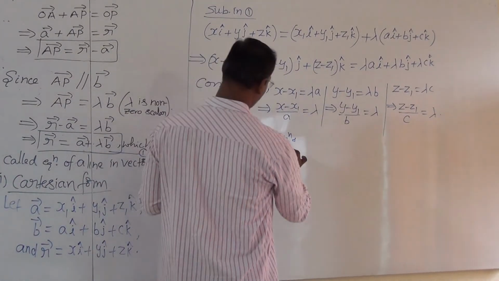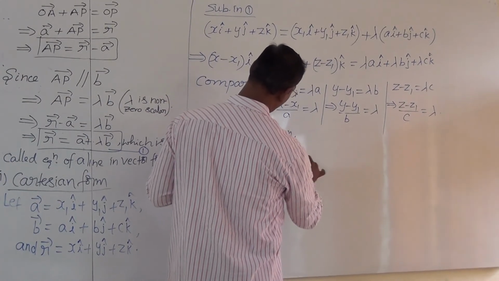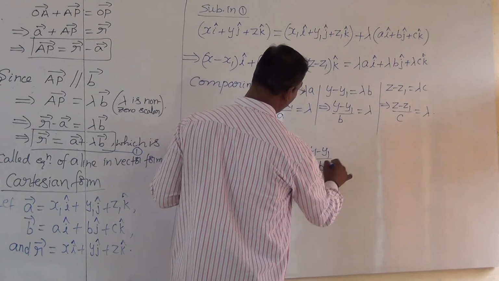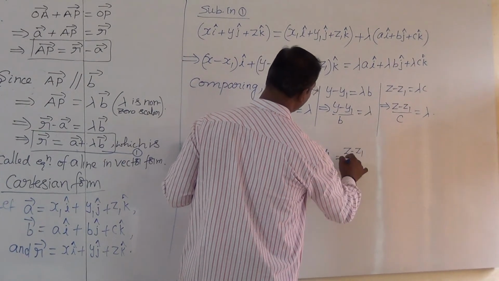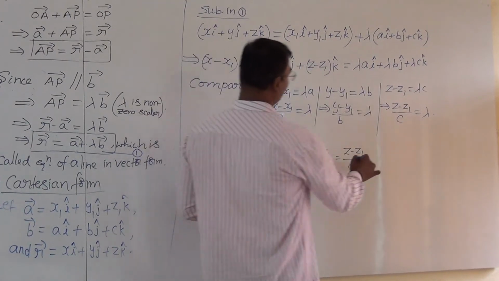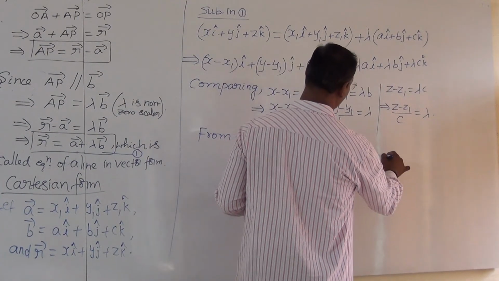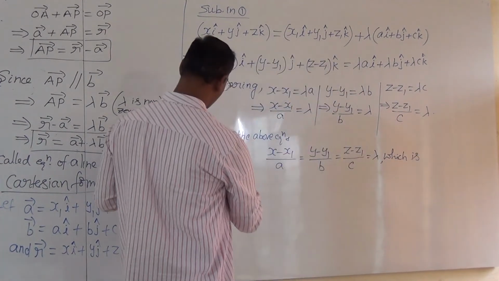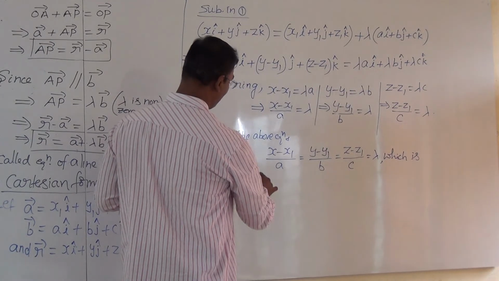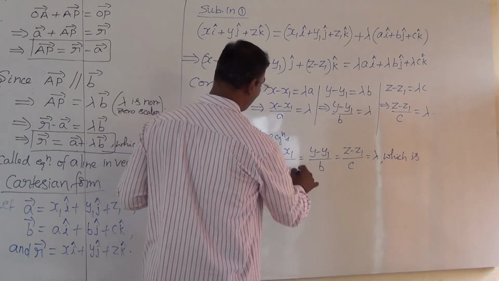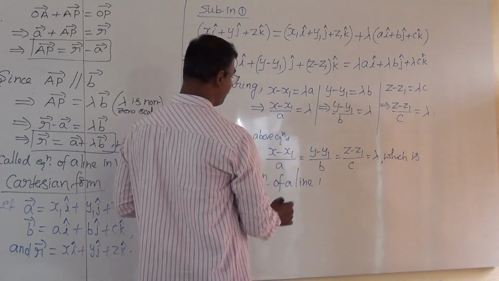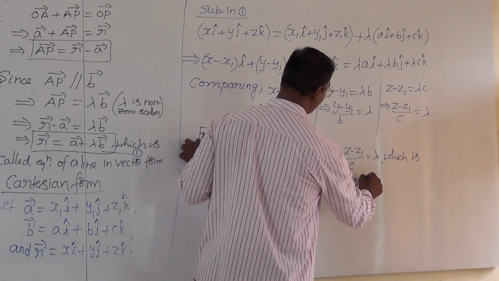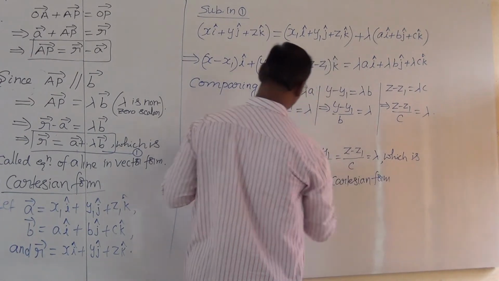So we write x minus x1 by a is equal to y minus y1 by b is equal to z minus z1 by c, which is equal to lambda, which is called the equation of a line in Cartesian form.